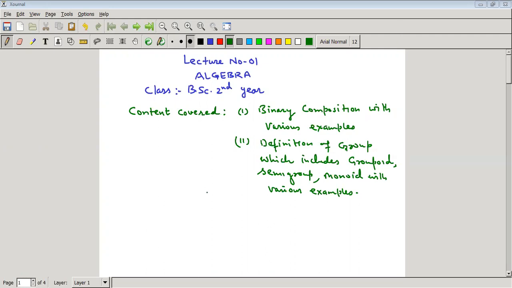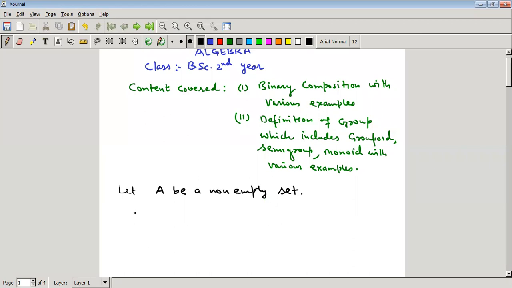So before discussing the definition of binary composition, let us start. Let A and B be two non-empty sets.